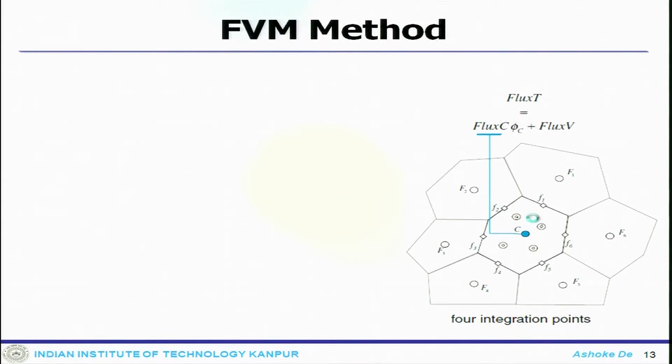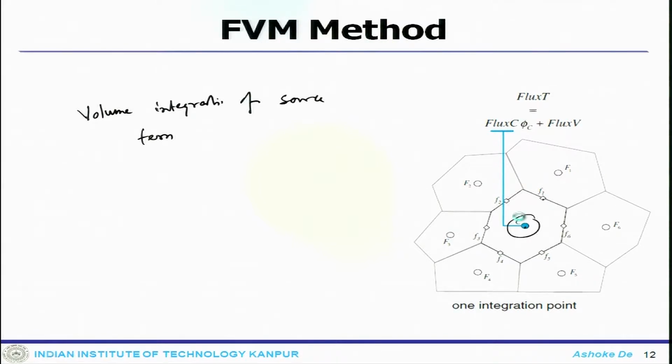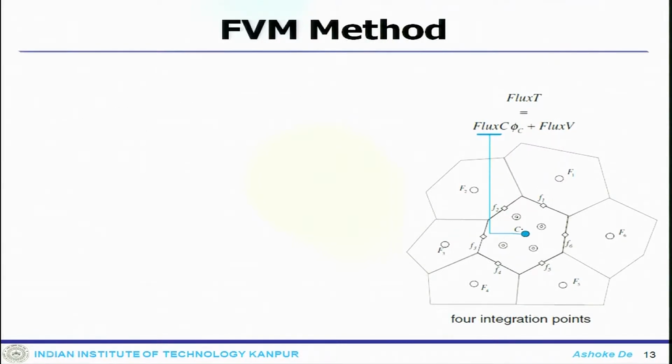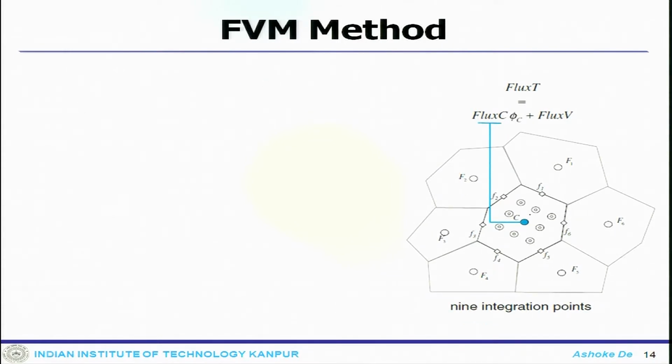So, you could have 1 point to integrate, you could have 4 points, or you can have more. Accordingly your calculation of this xi and WIP will be different. You can also have 9 integration points. So, IP can actually vary, and accordingly your WIP will also vary.